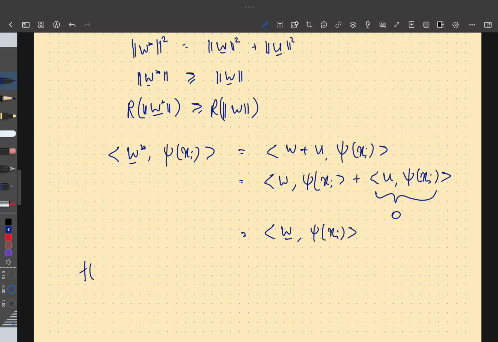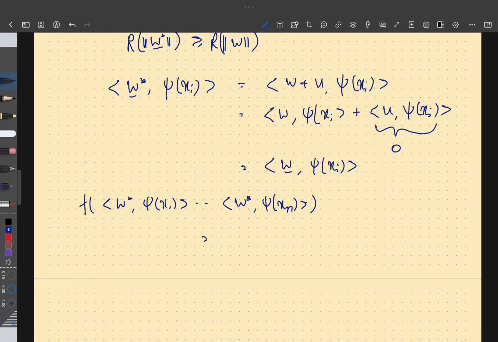So f of the inner products of W star with psi of x1 up to psi of xn is equal to f of the inner products of W with psi of x1 up to psi of xn.